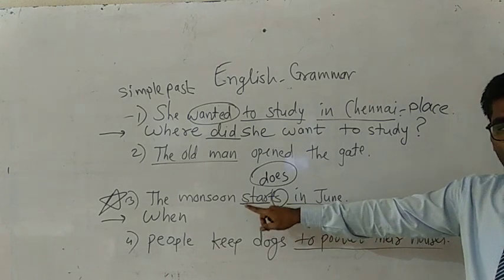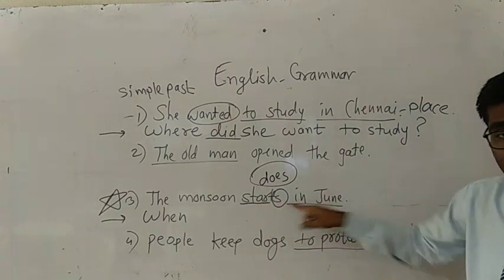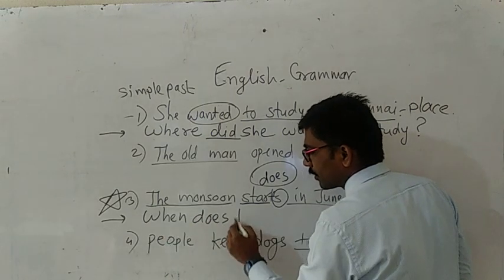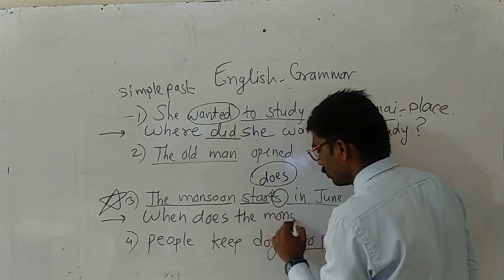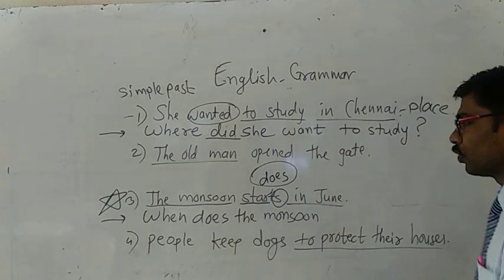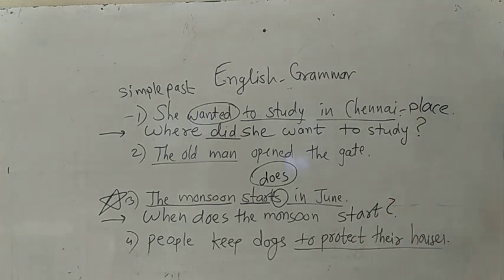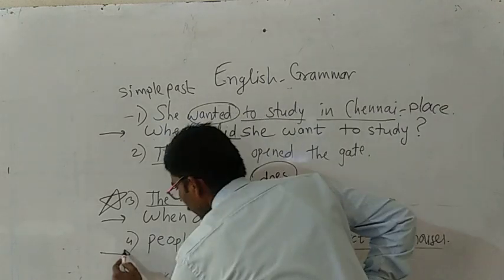Start is the verb and the start verb is with s. So that's why does. Then subject, the monsoon. When does the monsoon start? Isn't it? Correct, sir. Very good.